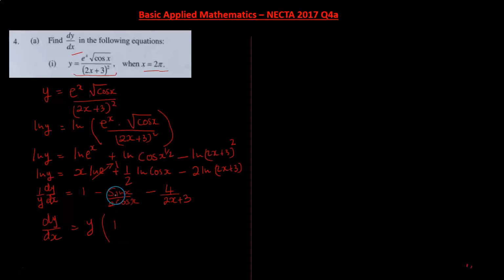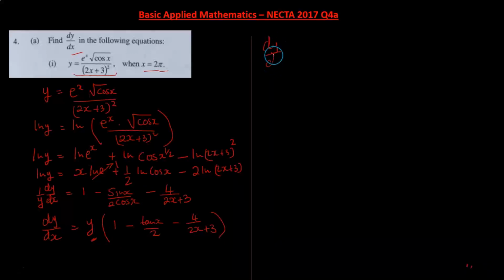Let's tidy this up even more. So sin x over cos x, that's tan x. So y times (1 minus tan x over 2 minus 4 over 2x + 3). So that is your dy/dx, but you know what y is. That's given at the beginning, so let's just continue.